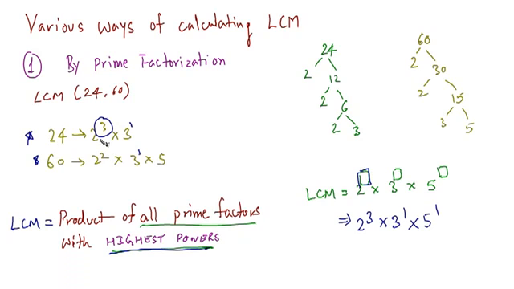So here highest power of 2 is 3, so we have 2 raised to 3. 3 is 1, so that's why we have 3 raised to 1 and 5 raised to 1. And if we solve this further, this comes out to be 8 into 3 into 5. That gives us 120. So this is the LCM of 24 and 60. So that is how you calculate LCM by prime factorization.